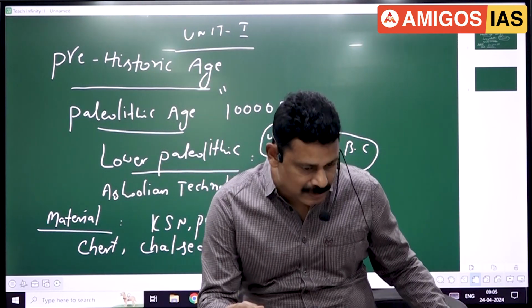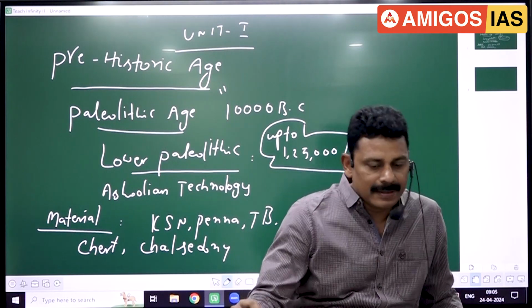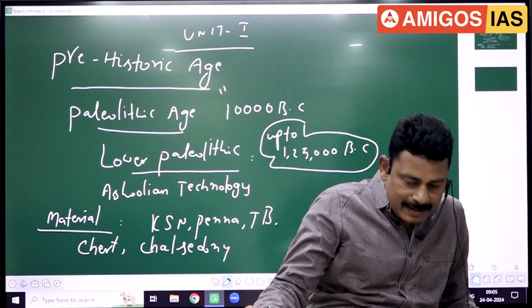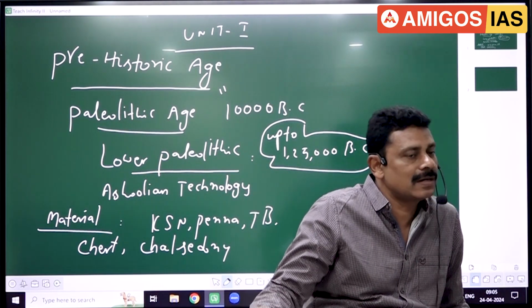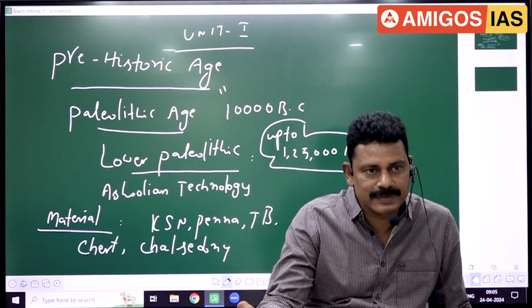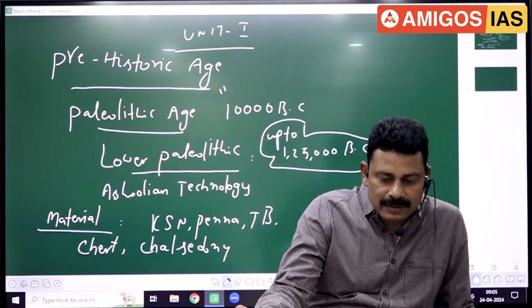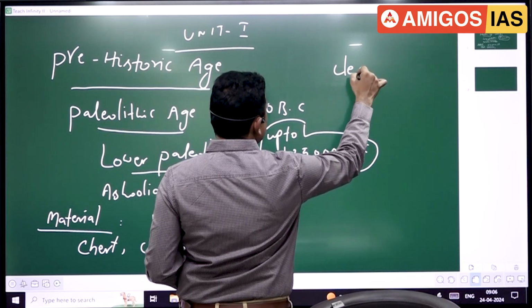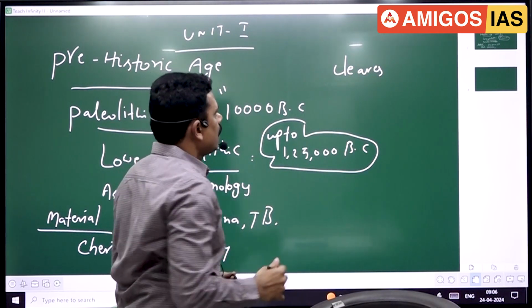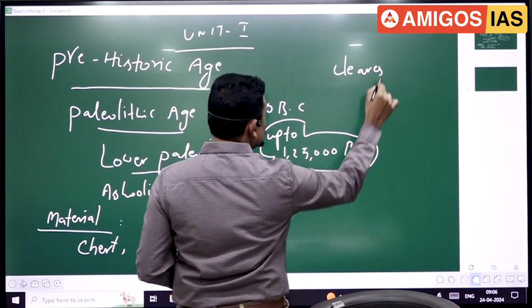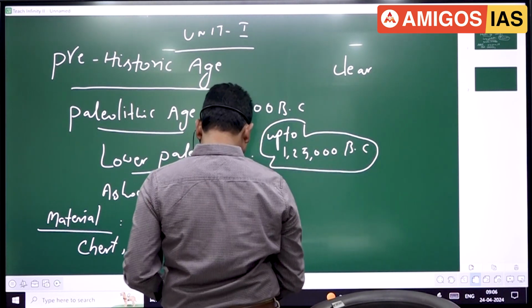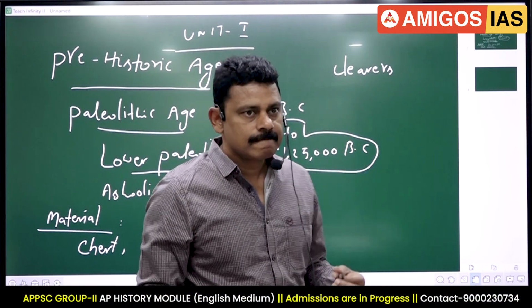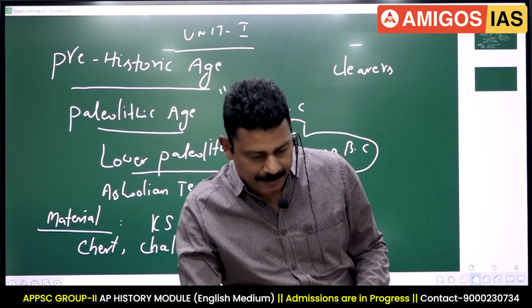Then coming to the implements, what type of implements were produced by them? They were predominantly hand axes. Hand axes were the predominant tool made by them. Then cleavers, another important tool made by them.